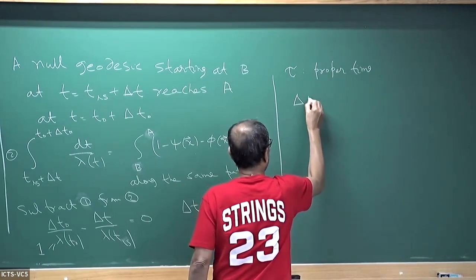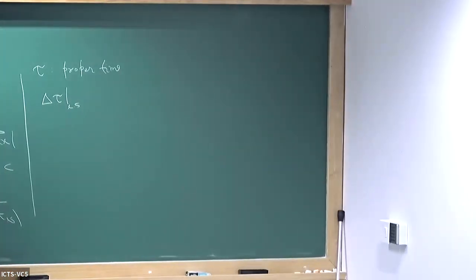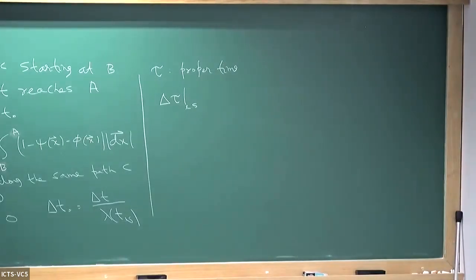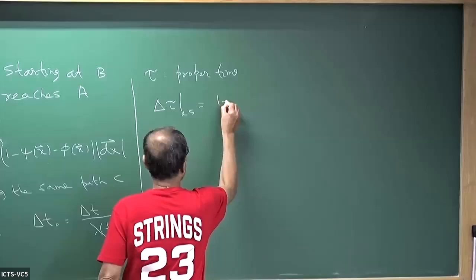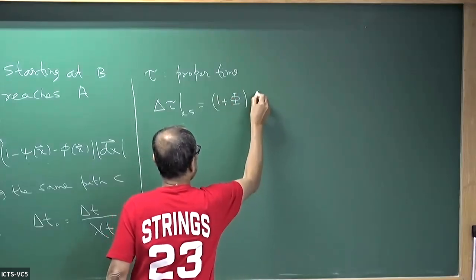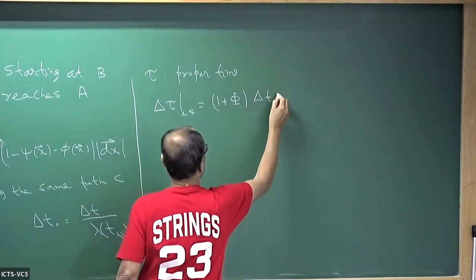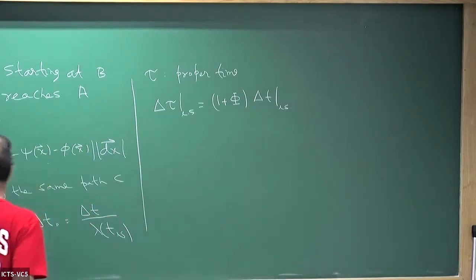So delta tau at the time of last scattering for a stationary radiation is given by 1 plus phi times delta T at the time of last scattering, because of this factor, the proper time will be multiplied by 1 plus phi.